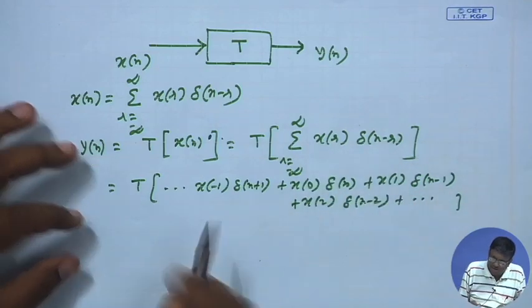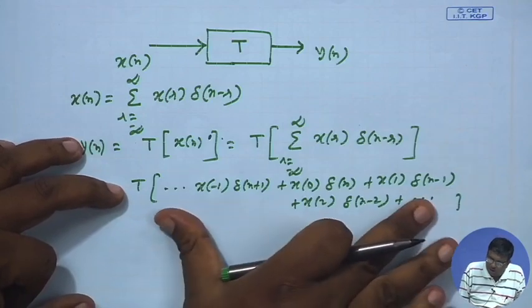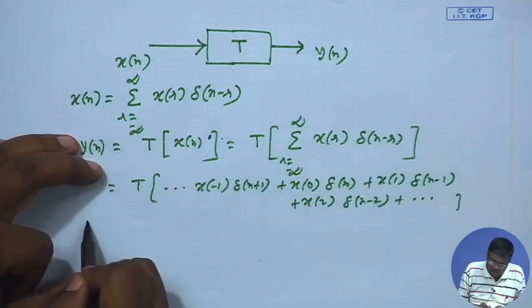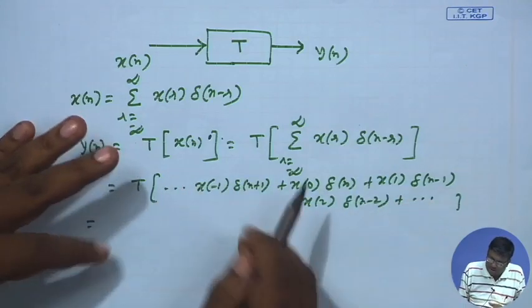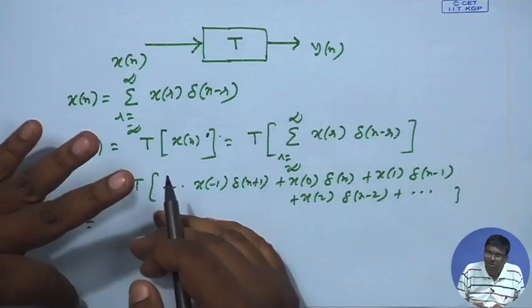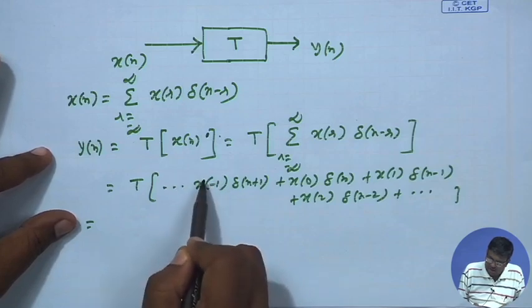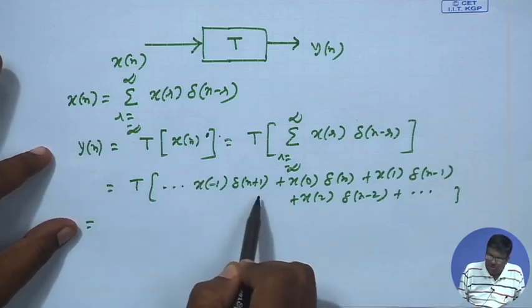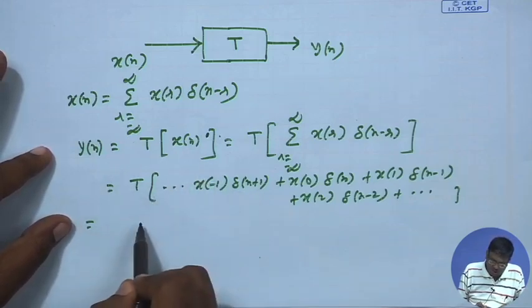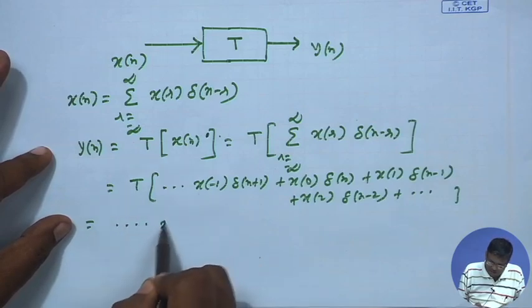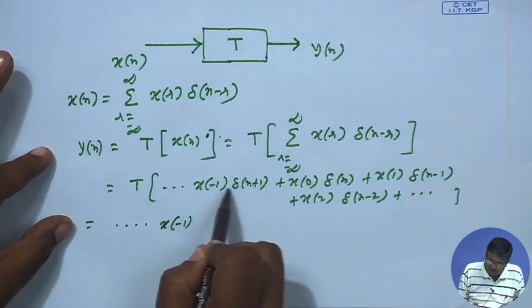This is a summation. So, T working on this total, if T is linear, will be the same as T working on the individual ones and their summation. And when T works on an individual one, this is like a constant, so it will go out. This is the sequence part. So x minus 1 will go out, T will work on that.